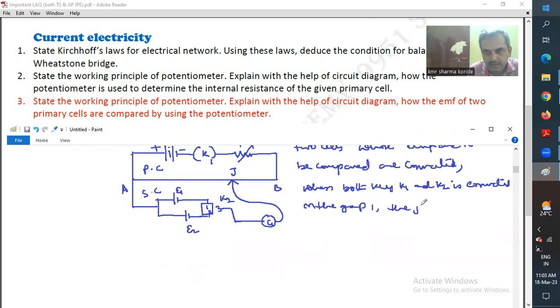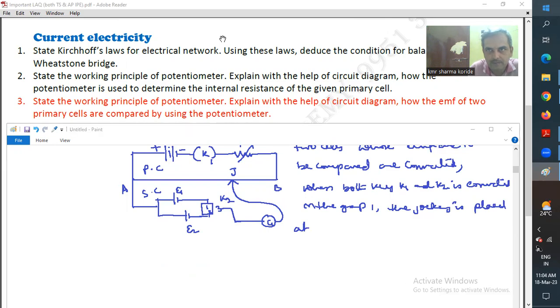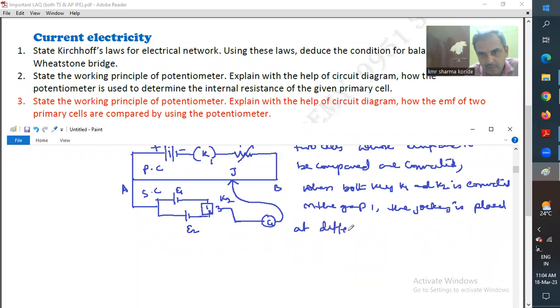The jockey is placed at different points along the potentiometer wire for zero deflection.